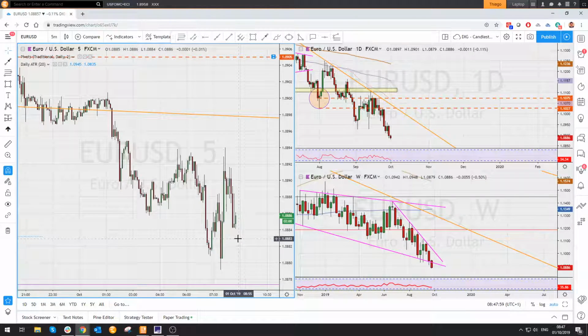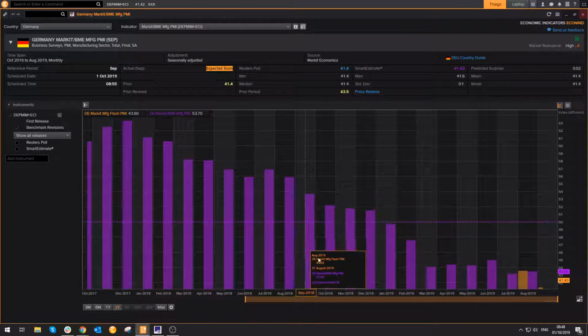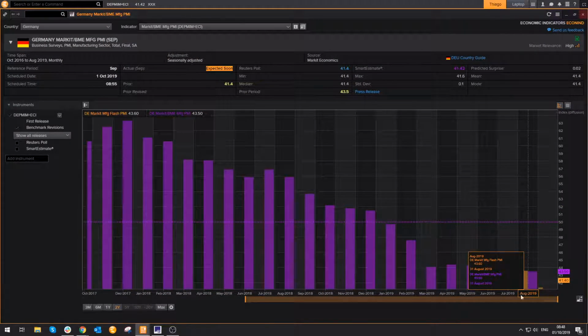Then we have the German number, which is only 5 minutes after the French number. The expected is 41.4, which is quite shocking to say, at least. If you look here, 41.